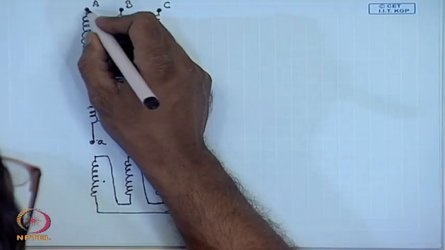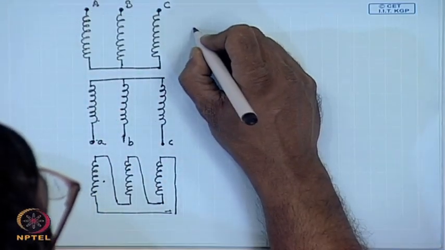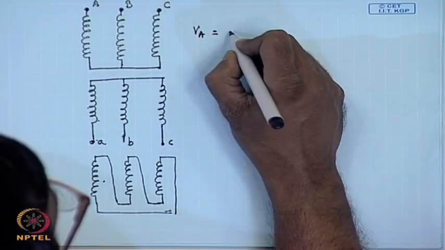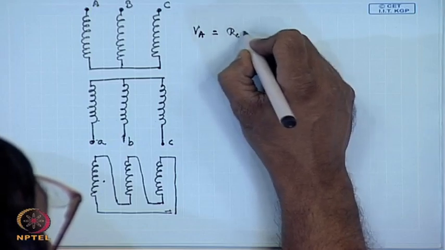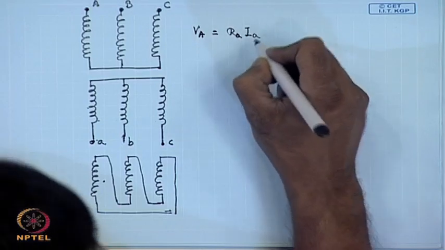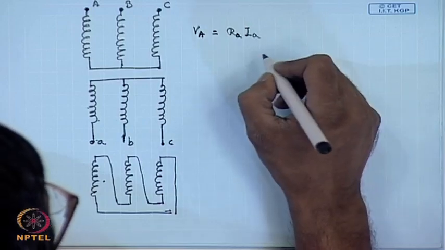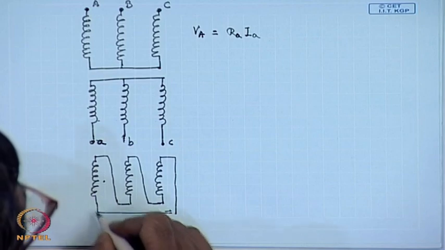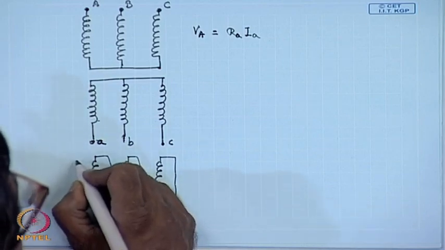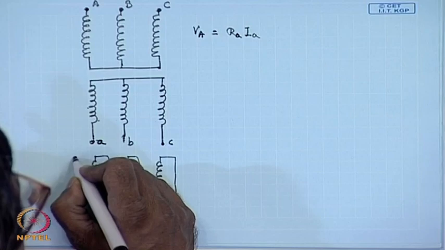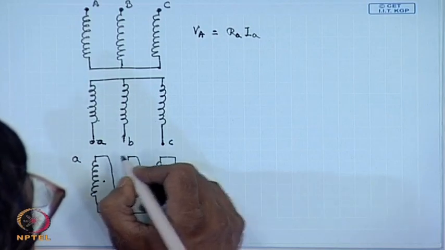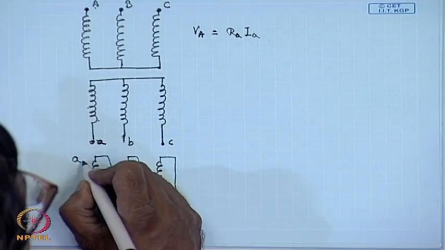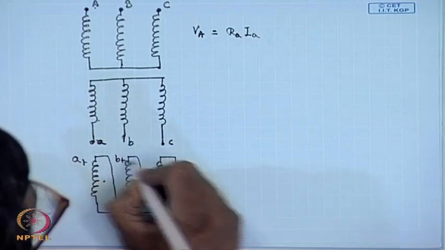Let us say the applied voltage here is V A, then V A can be written as R A into I A. These are, let us say, capital A, small a, and A tertiary, B tertiary, C tertiary.